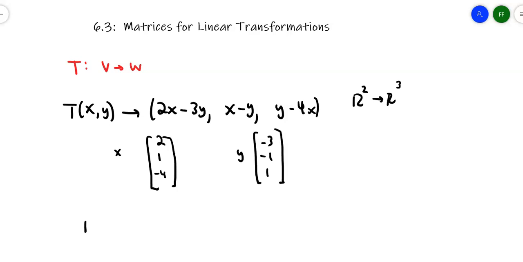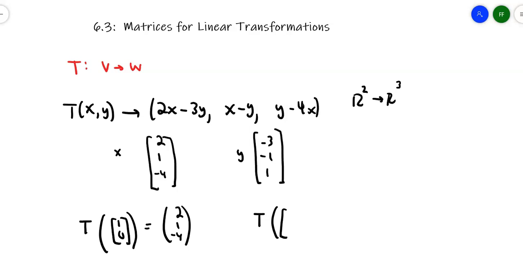Which means that I can write it like this. If I do a transformation on the first basis vector in the standard ordered basis for R2, I will produce (2, 1, -4). And if I perform the transformation on the second vector in the standard ordered basis for R2, I'll produce (-3, -1, 1).